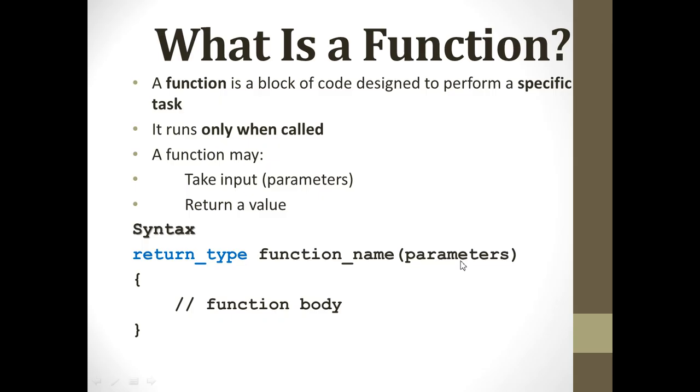So if you have two values that this function may be needing, you may have to say int value1, comma, int value2, if both values are integers. We're going to look at this when we start writing code anyway. But after that, the function body contains the code that determines the task that the function will be performing. Is that okay?